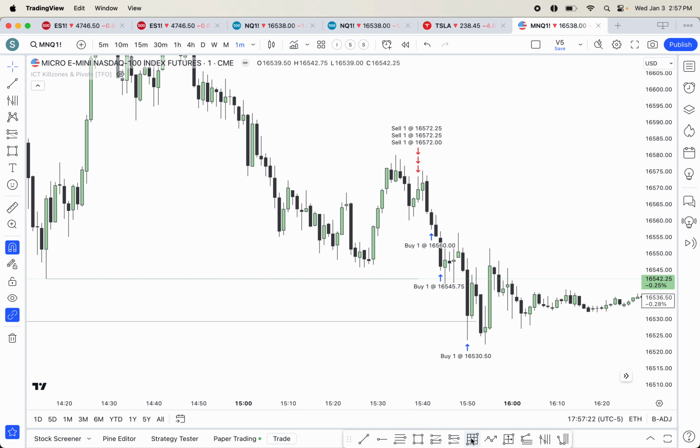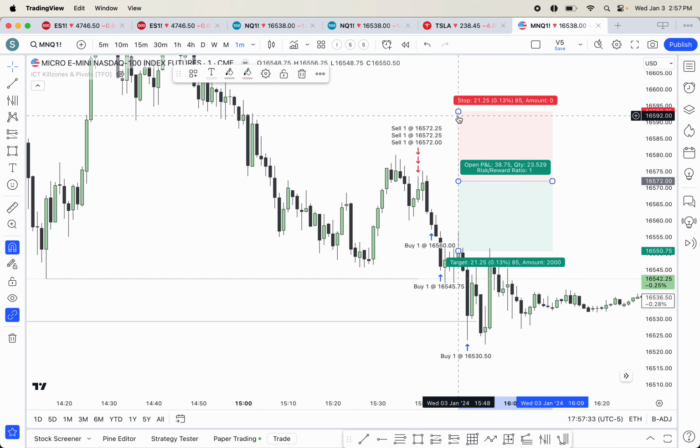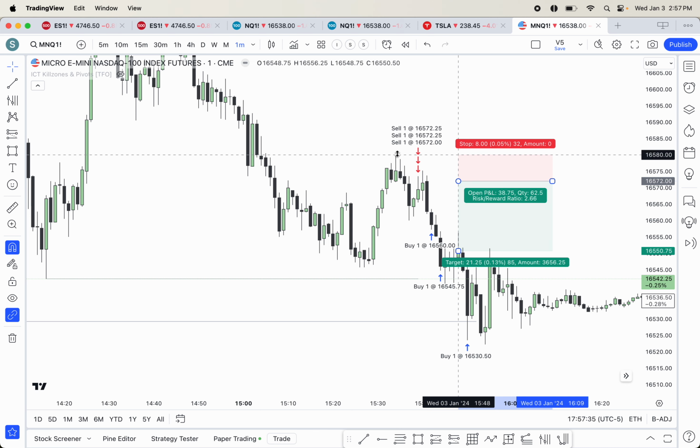And we'll just use the short position tool to mark the entry 72.25. Let's just call it even. The risk was the high.